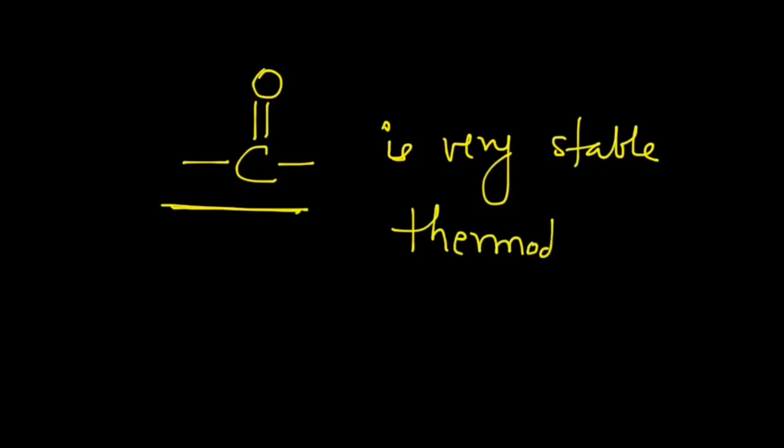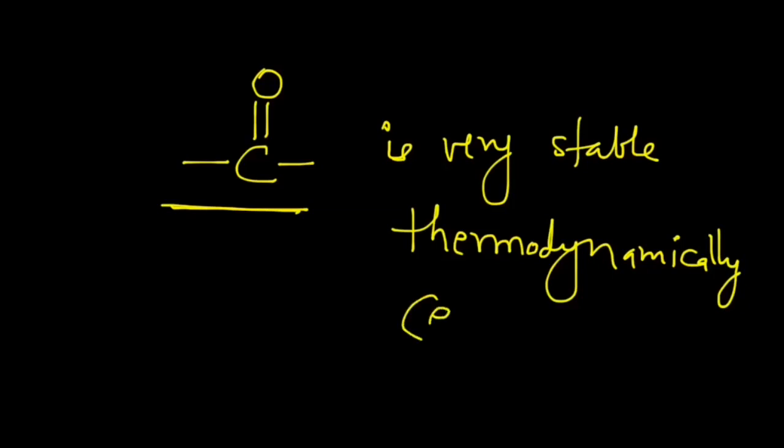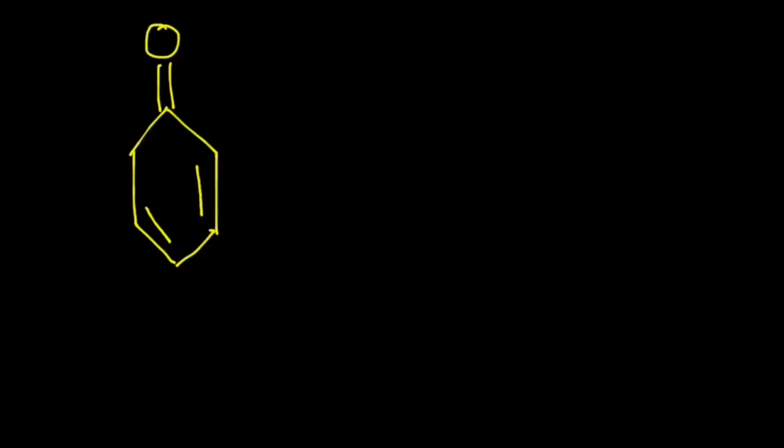And thermodynamically is a big word, it just means that energy wise it is very stable. So the carbonyl group always tries to exist in this form whenever possible, and this makes the keto form more stable than the enol form. But sometimes there are other factors that come into play. Let's take an example for that. Let's take a look at this molecule.